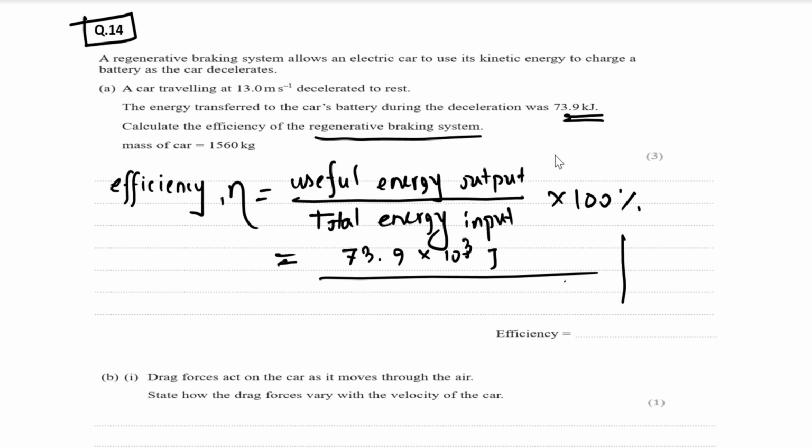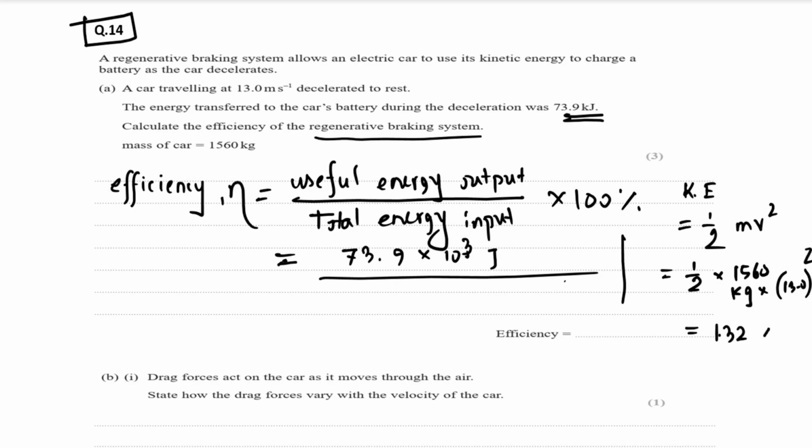So how can we calculate kinetic energy? Kinetic energy equals half m v squared. Here mass of the car is 1560 kg and speed of the car is 13 meter per second. So after calculation, kinetic energy is 1.32 times 10 to the power 5 joule.